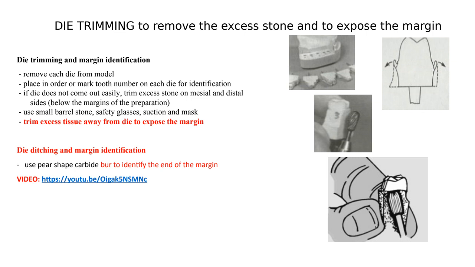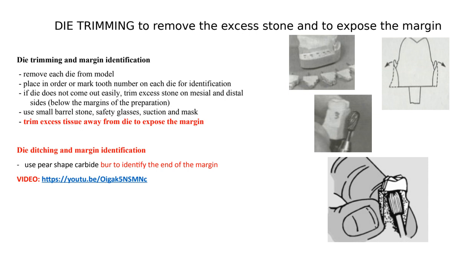So, die trimming and margin identification, okay? Die trimming means removing the excess material. Think about it: when we have a die, what we see the first time when we take it out of the model is where the gum is.